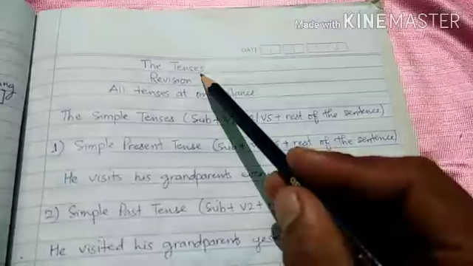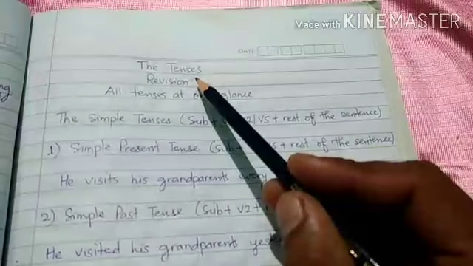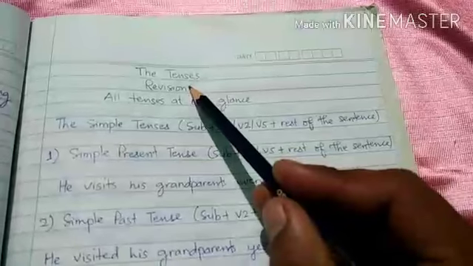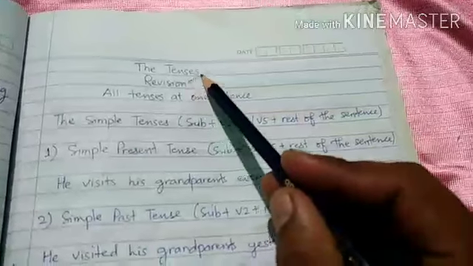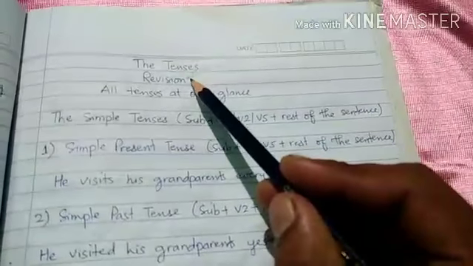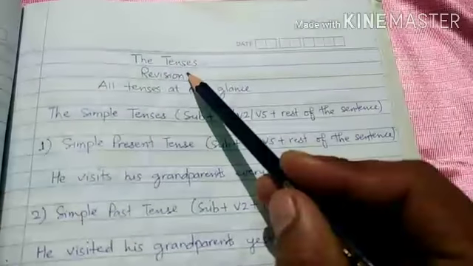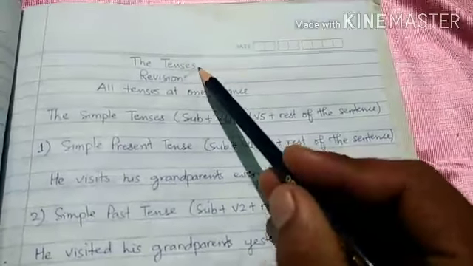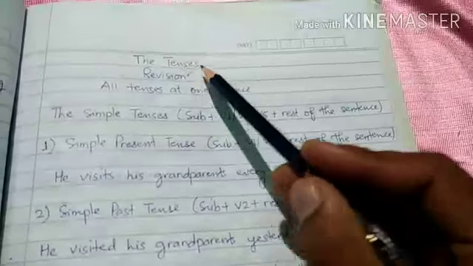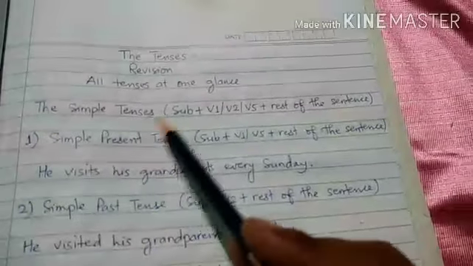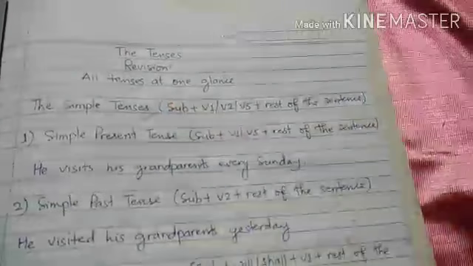That means we have completed all tenses from our English grammar. So in this video we are just revising all tenses in one video, and we will move ahead with the simple tenses. Okay students?